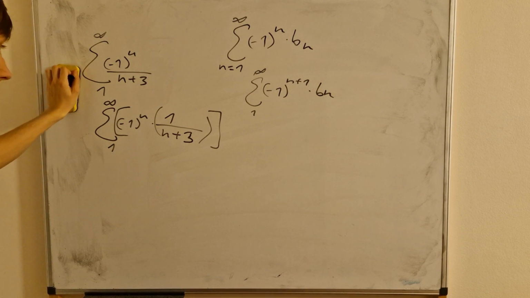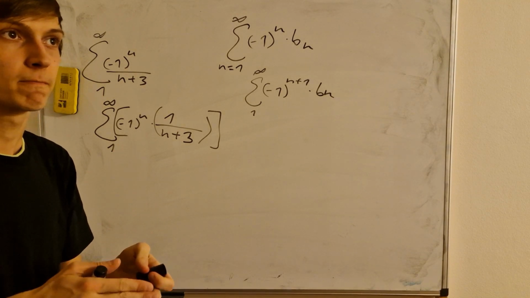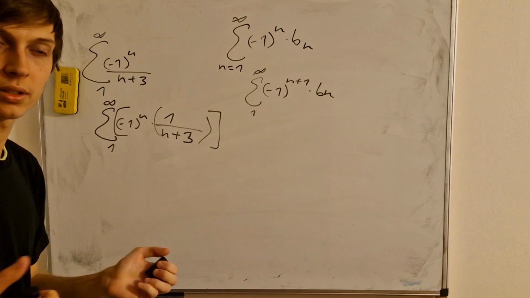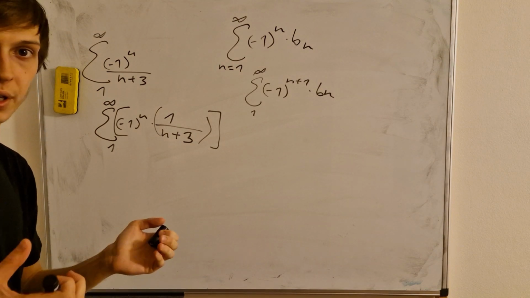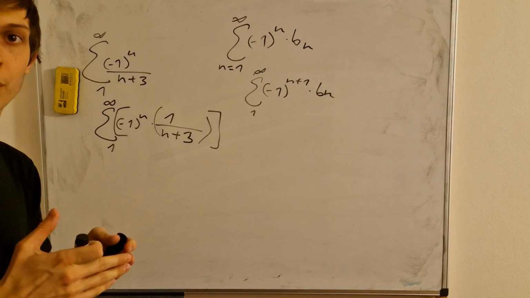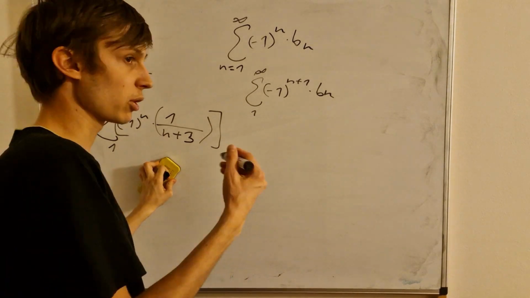We will be able to determine this maybe even quicker than some normal series that are not alternating, because of the straightforward nature of the alternating series test. It says there are some requirements.